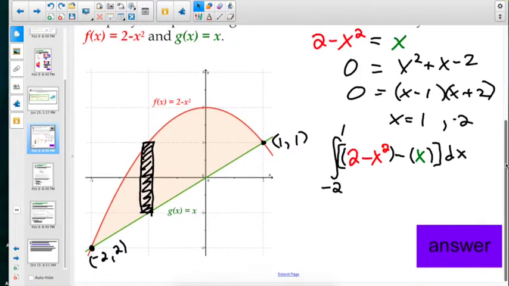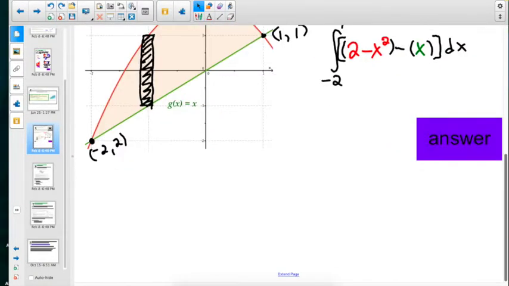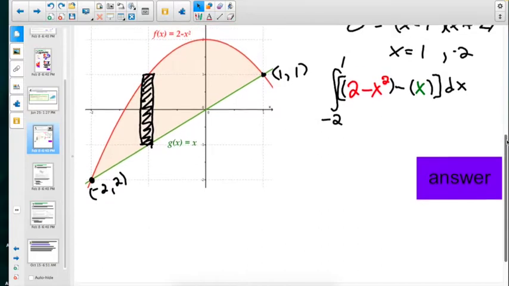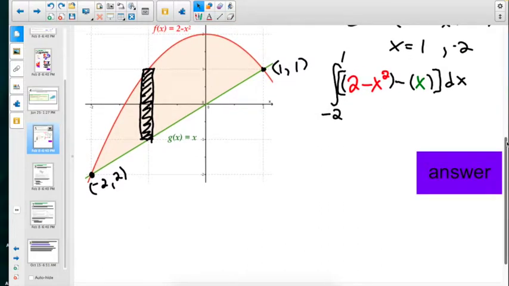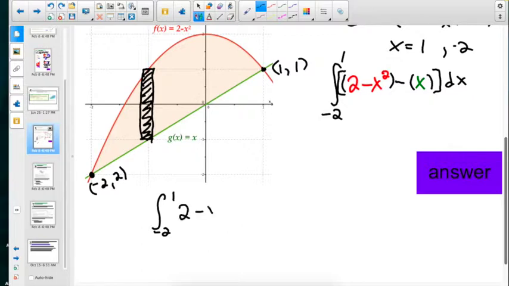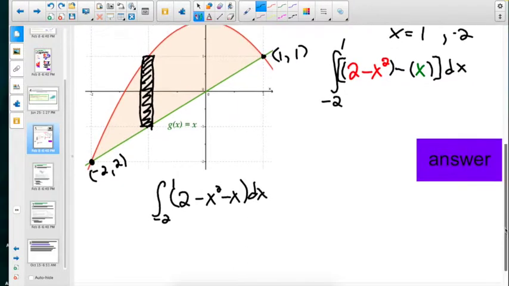So there's our setup. And then we can go ahead and integrate this. So this one, it's pretty reasonable that you would see this on the no calculator part of the test.